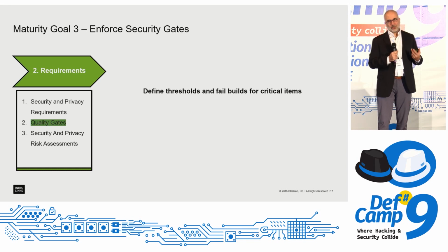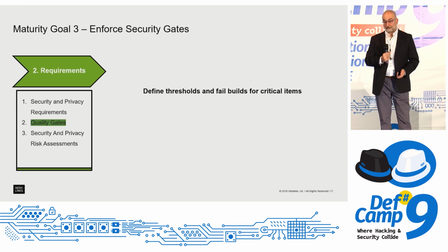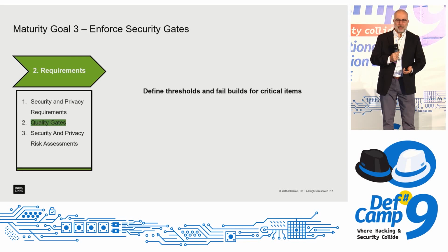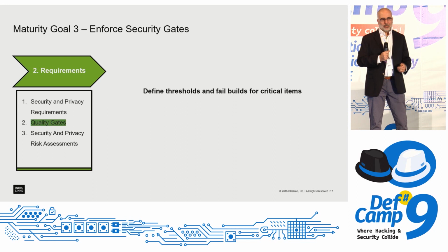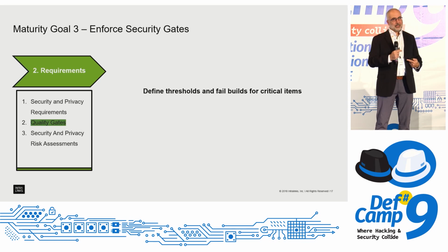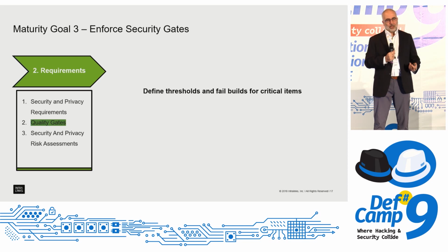Or in our world, remote code execution cannot go out. Or if it is, by the way, those security gates can be in many different places. It can be on configuration, it can be on third-party components, it can be actual code itself.